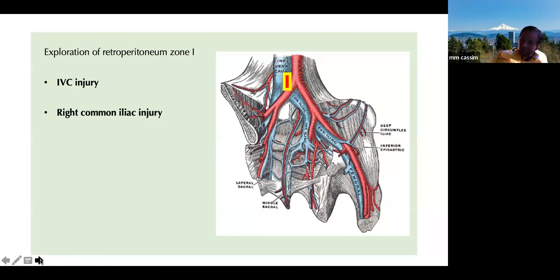So you get a direct visualization of the left common iliac, and you can suture ligate, suture repair it. And if you can't do that, then you may have to mobilize extensively to get at it. I think the trick is to keep in mind that it is okay to cut across the right common iliac artery to get to the injury site so you can repair it prudently.